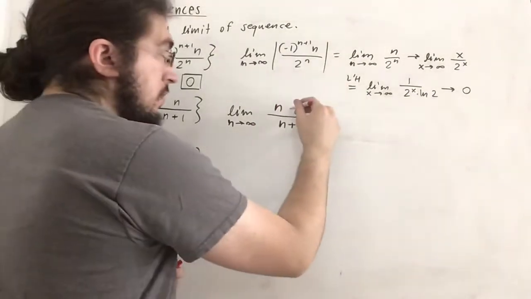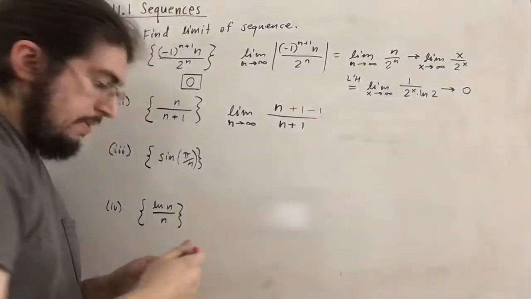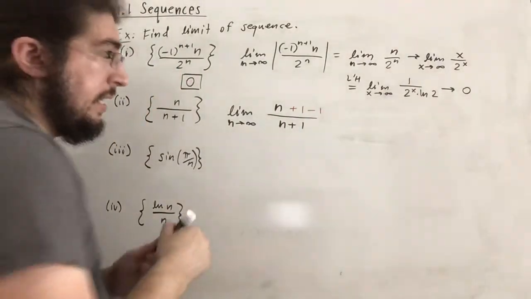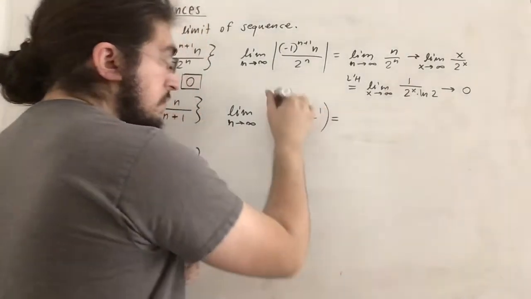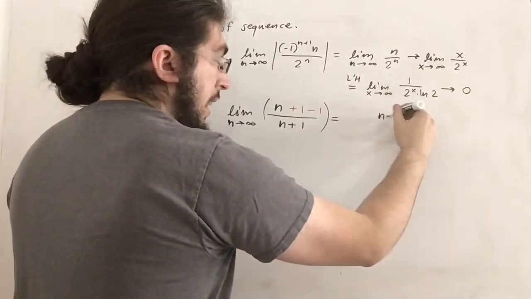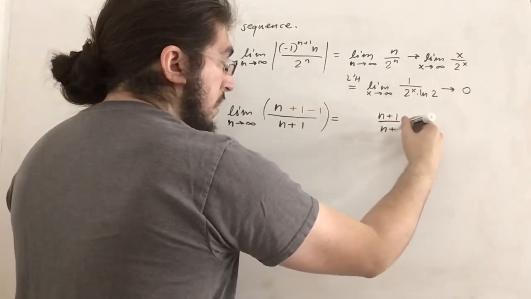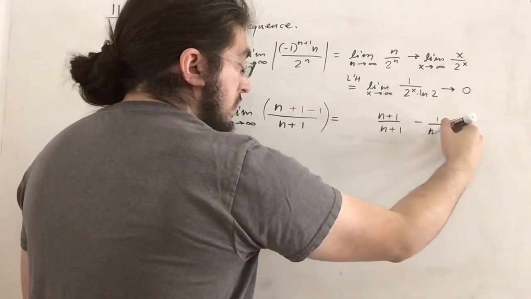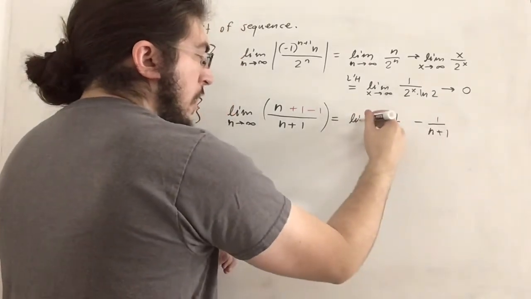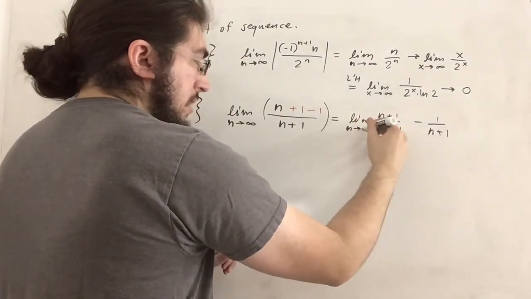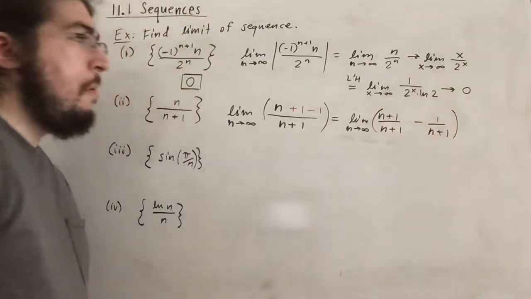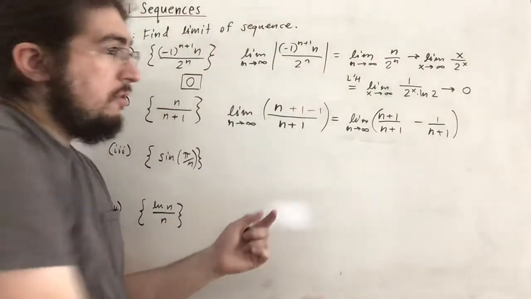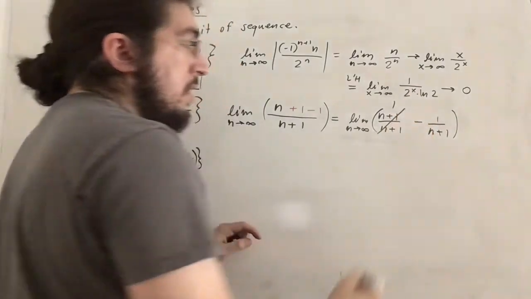So if you add and subtract 1 from the top, you get a scenario where you can split this fraction up as n plus 1 over n plus 1 minus 1 over n plus 1, and take the limit as n goes to infinity of that. The reason why we like this is because the first one, of course, cancels and just gives you 1.